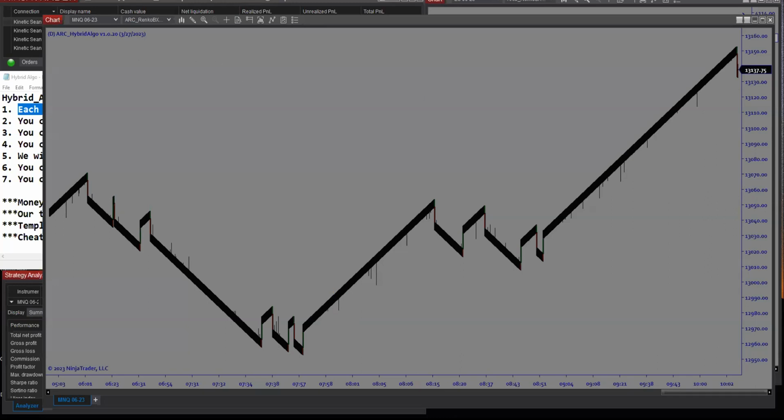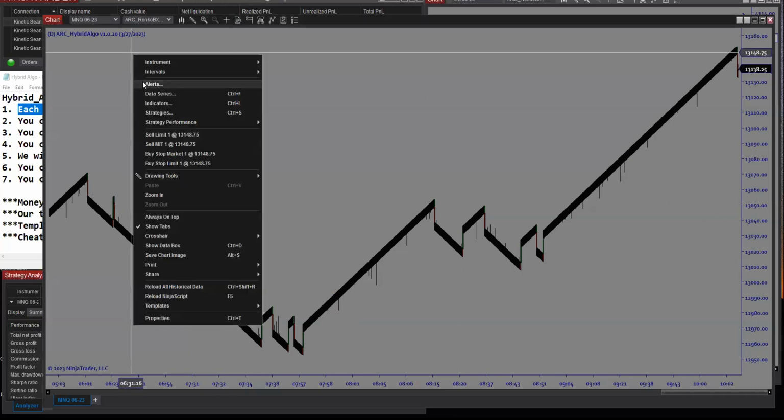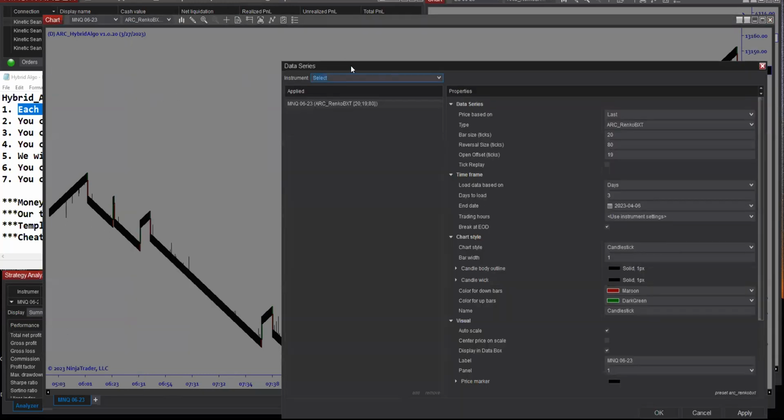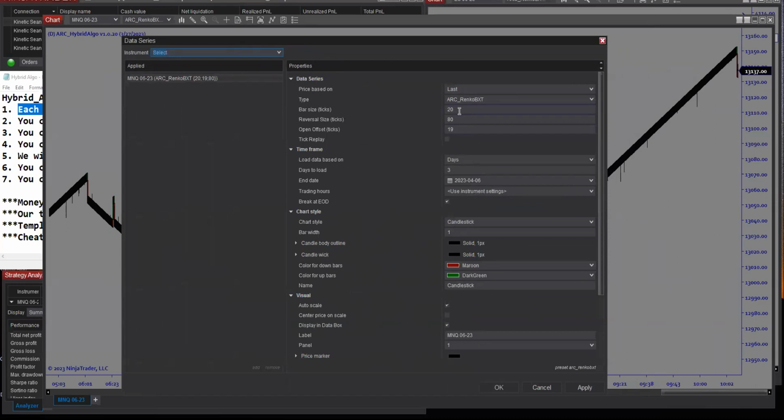So I'll give an example. If I go in here, I know I'm optimizing, so bear with me if I have a little bit of data lag on this. If I have a 20-tick bar size, I'm just using the NASDAQ on 20 ticks. I have it set to an 80-tick reversal, but even better, I could set this to 5 times: 20 times 5 is 100.